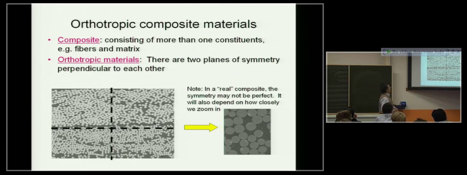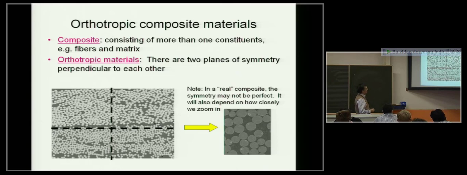So the orthotropic materials are the ones that have two planes of symmetry. If I make a section cut in a typical composite, in fact this is showing two layers, and I draw a vertical line here and a horizontal line there.